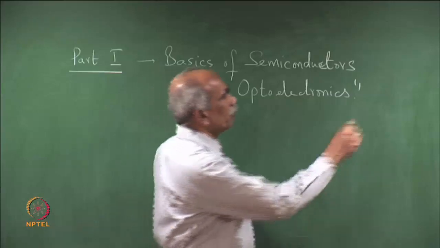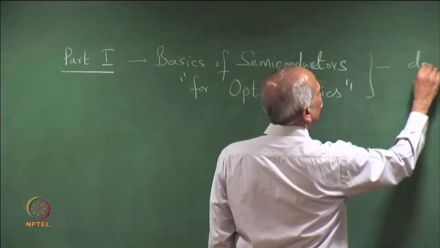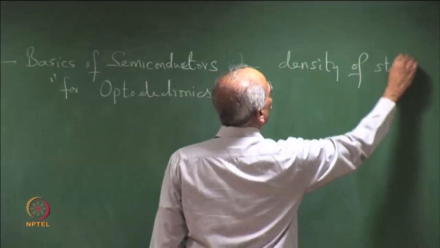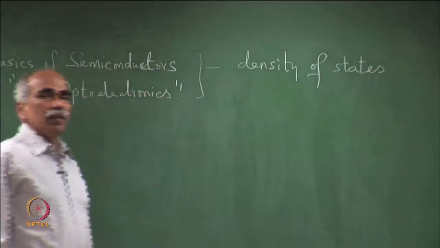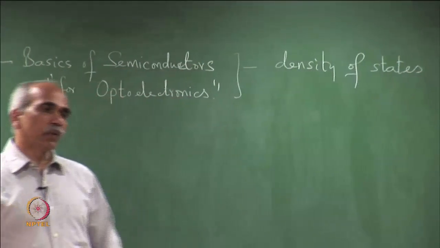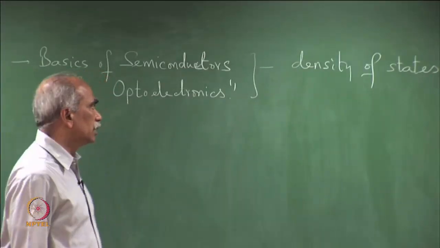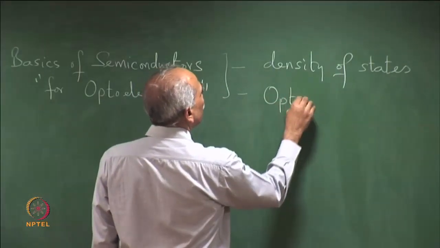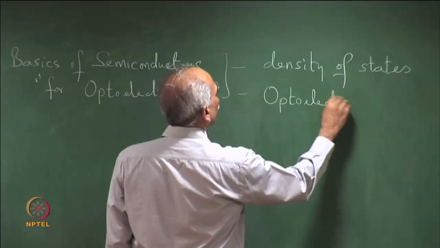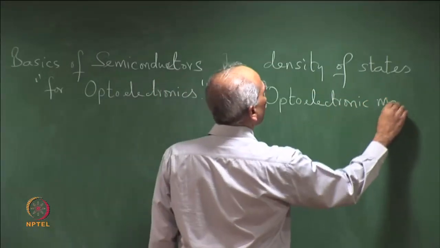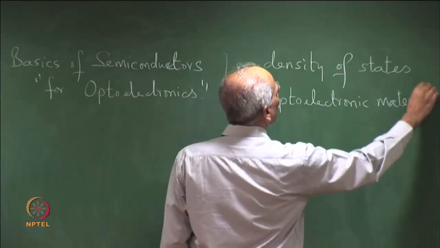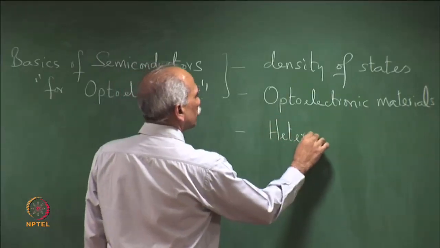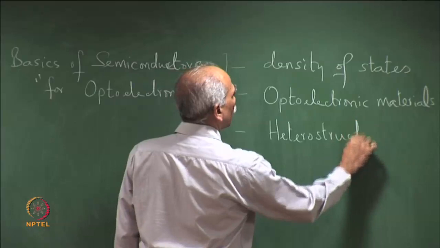In particular, we have discussed density of states, because as we have seen through the course, density of states plays an important role in the device characteristics and device performance. We then discussed semiconductor materials for optoelectronics, and also the heterostructures and the need for heterostructures.